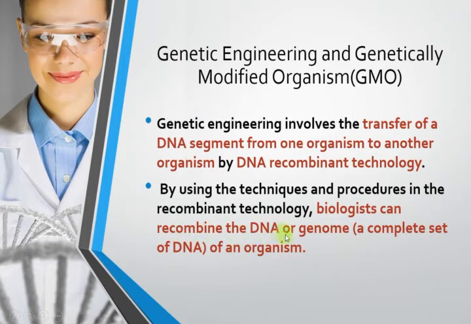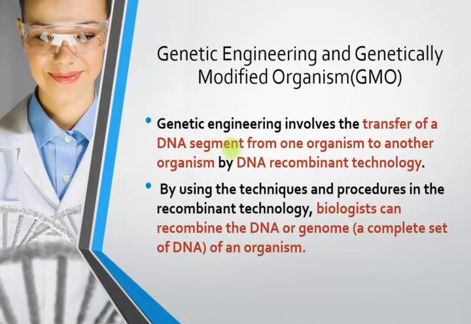the DNA or genome. So genome. What does genome refer to? Genome refers to the complete set of DNA of an organism. Okay, so actually what is DNA recombinant technology? It is a technology used to transfer a DNA segment from one organism to another organism.